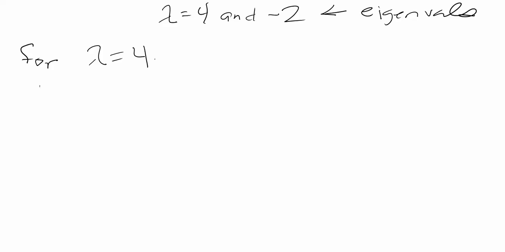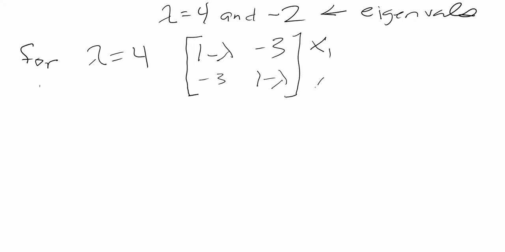We will set up the system of equations that's defined by 1 minus lambda. We don't take anything off the non-diagonal terms, and the other diagonal term was 1 minus lambda. x1, x2 form an x vector that will be the terms of our eigenvector, and we set that equal to 0.